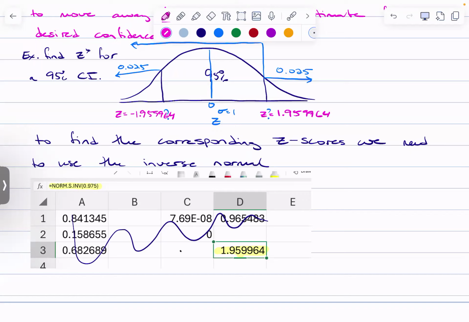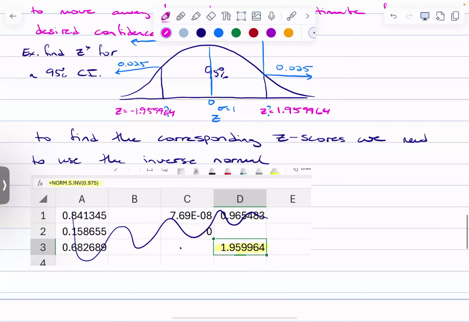Or in general, for a 95% confidence interval, it's okay if you use 2, but I would prefer it if you use 1.96 just for cleanliness.